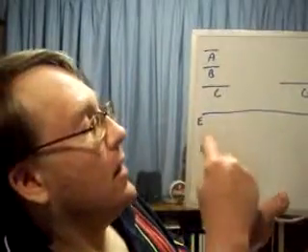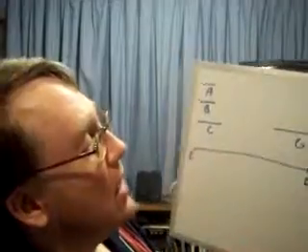So first of all, DE is the least number.